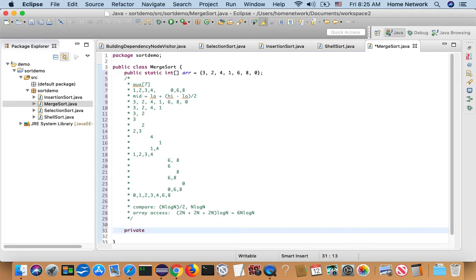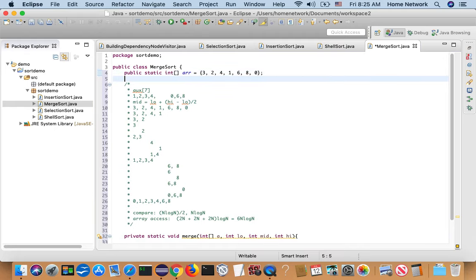Now we understand the algorithm. Let's write a program. Okay, in order to merge, we need an auxiliary array. Let's create it.